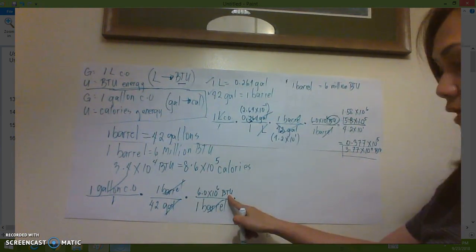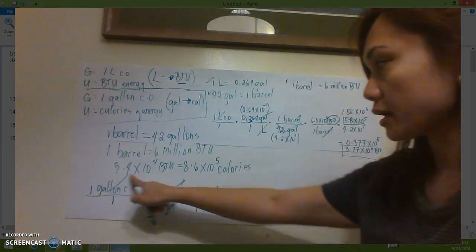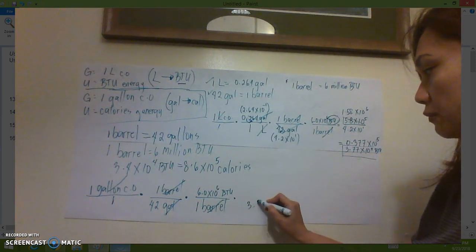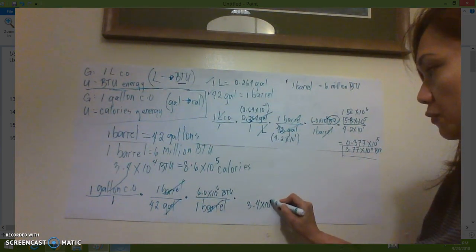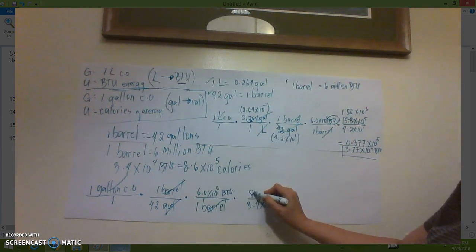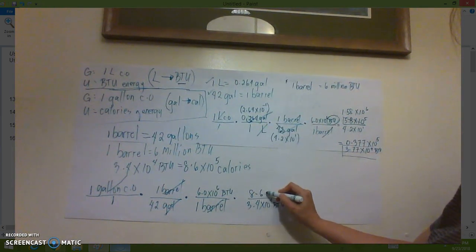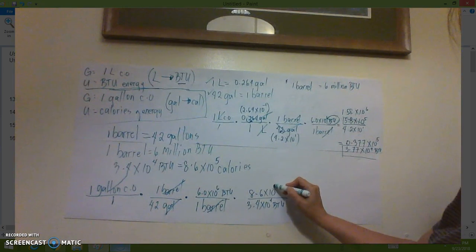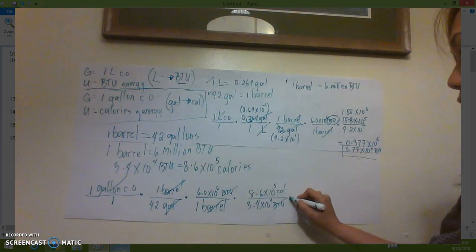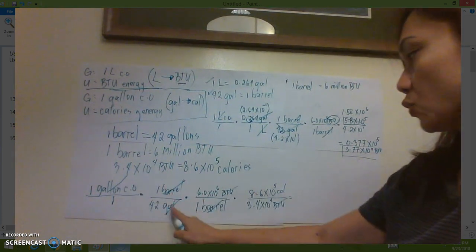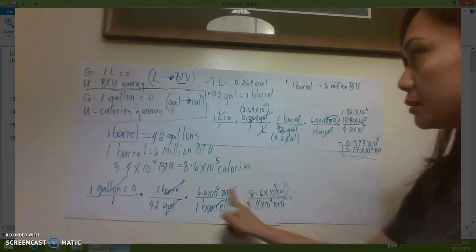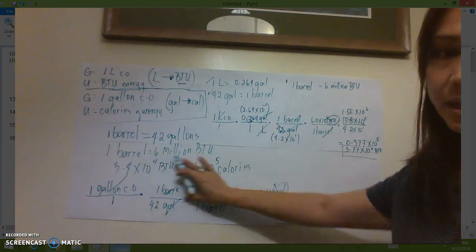Move on to canceling the BTU, and therefore I can use this last factor that we have on the list, which is 3.4 times 10 to the 4th power BTU is equal to 8.6 times 10 to the 5th power cal. Cancel BTU. So far, let's double check. We have canceled all the units except for cal. Is this the unit that you wanted to end up in? And the answer is yes. So our setup is correct.